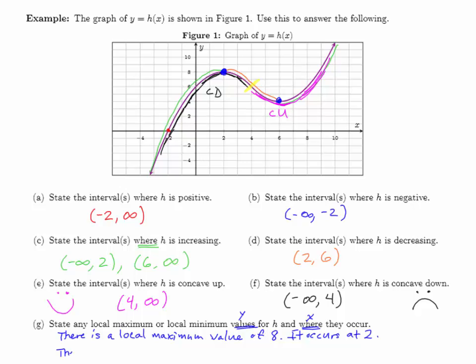So we can then state there is a local minimum value of 4. And we could just say of 4 at 6, but I'll do this as two separate sentences. So it occurs at 6.